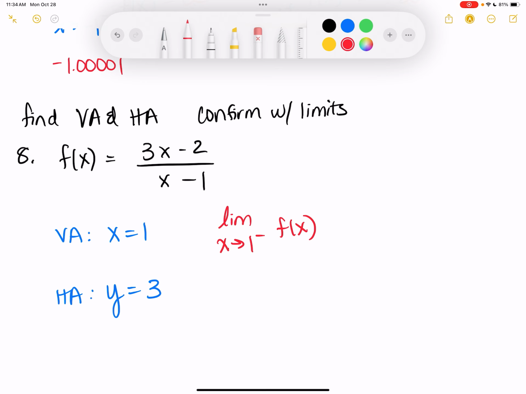So if I put in 0.999999, what's happening? Is it going to positive infinity or negative infinity?